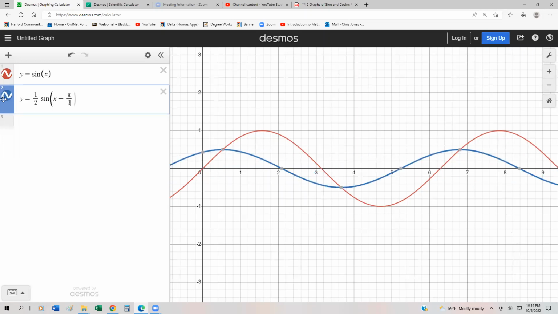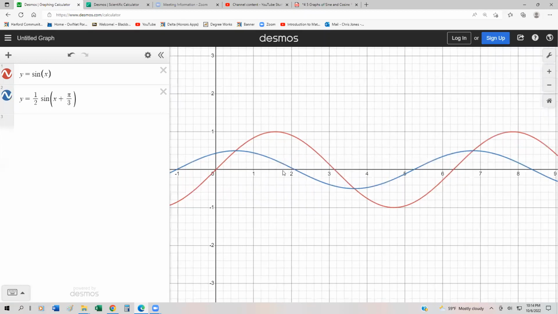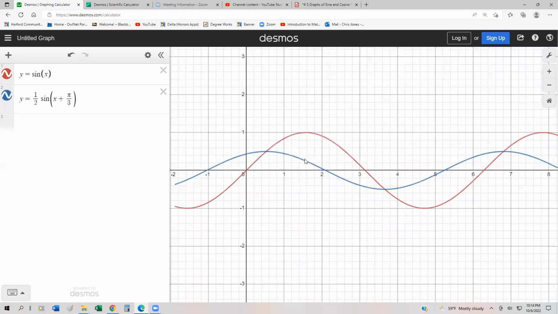All right. Now, I want you to notice that the highest that this function goes to is a half. Okay, the lowest it goes to is a half as well. Right? Also, if you notice how long it takes to go through, okay, this function actually takes pi to go through. Now, it's actually shifted a little bit to the left.